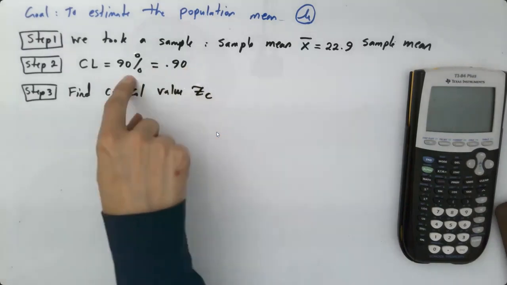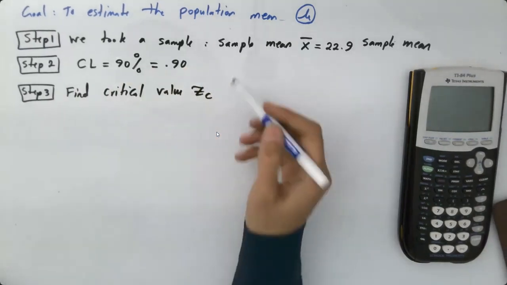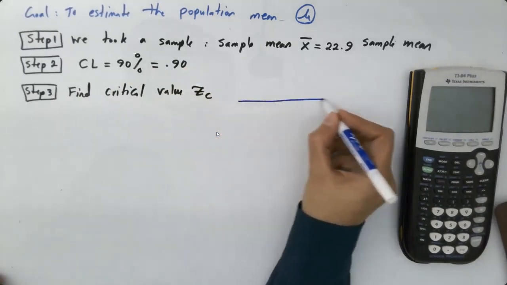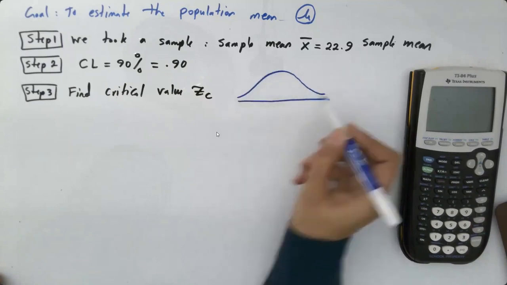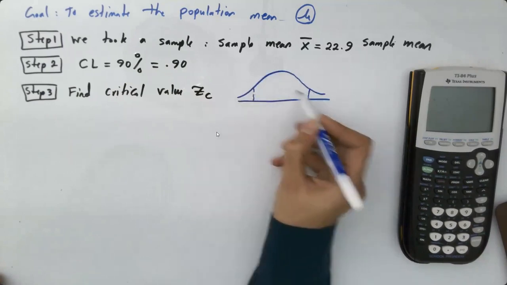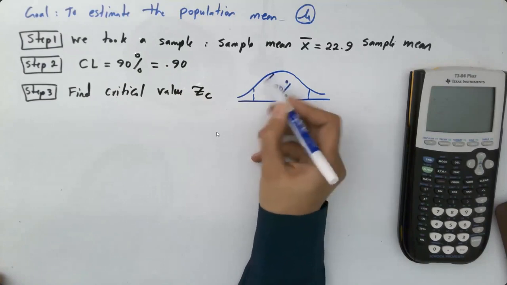this 90% is the area in the middle. This is 90% of the area.